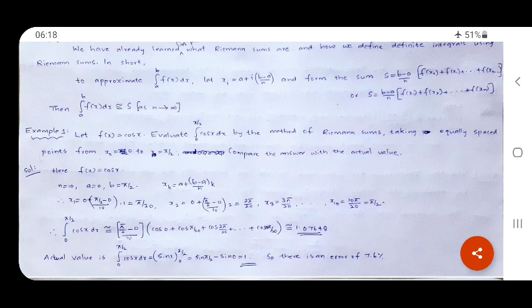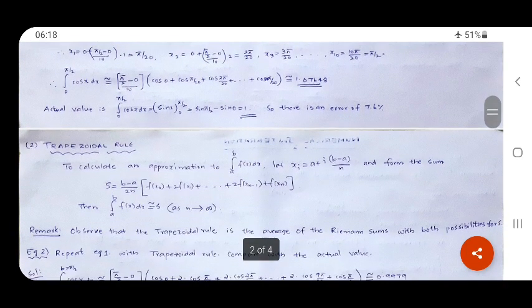The actual value is sin x between 0 and π/2, which is equal to 1. So you can observe that there is an error of 0.07648, or approximately 7.6% error, by using the Riemann sums to calculate the integral from 0 to π/2 of cos x dx for 10 different points.